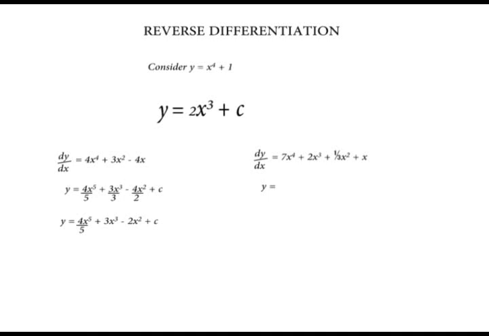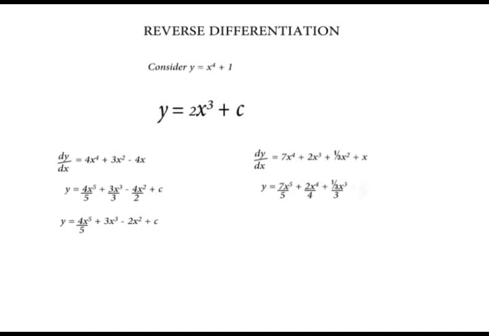7x raised to power 4, if we integrate that, we shall get 7x raised to power 5 over 5 plus 2x raised to power 3, if we integrate we get 2x to power 4 over 4 minus a third x squared. If we integrate, we shall get a third x to power 3, everything divided by 3, and then plus x raised to power 1.